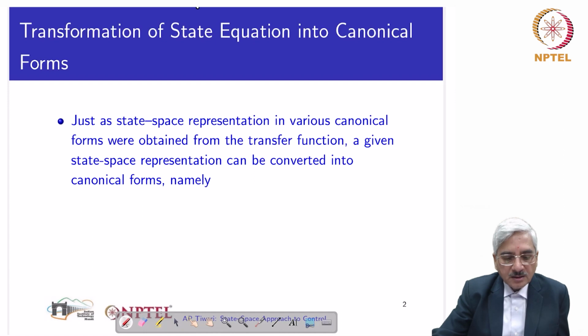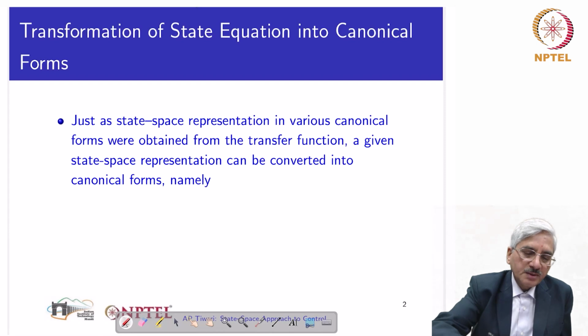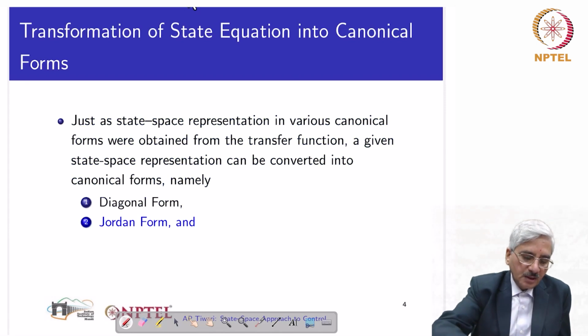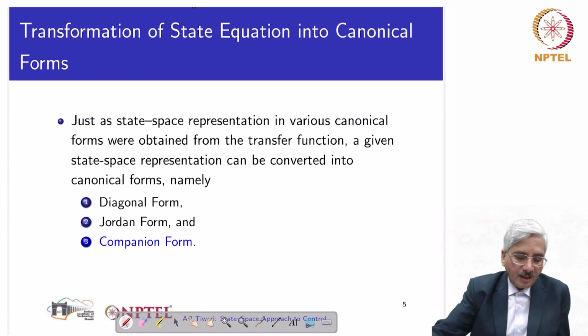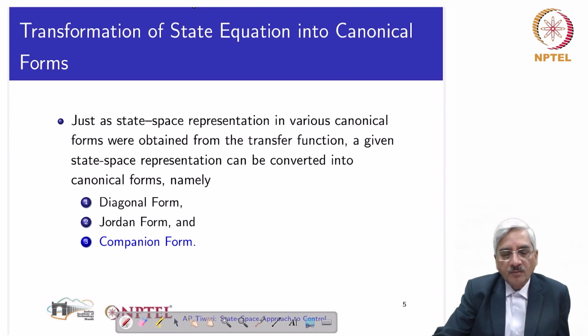Similarly, a state space representation through an appropriately selected similarity transformation can be converted into canonical forms like the diagonal form, the Jordan form, and the companion form.